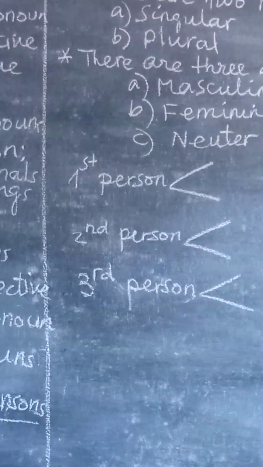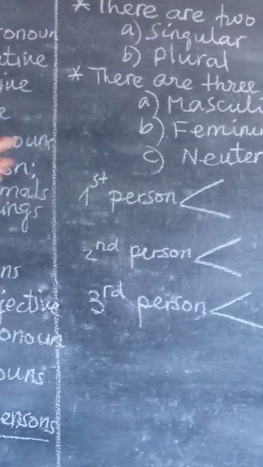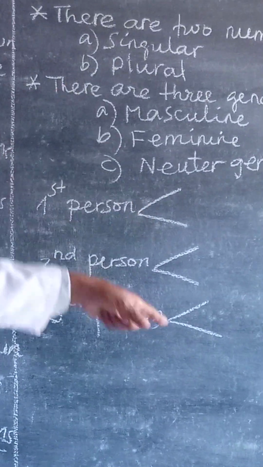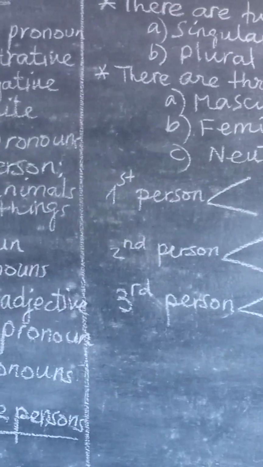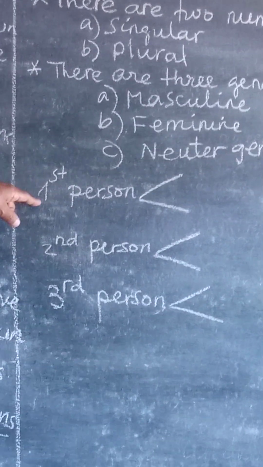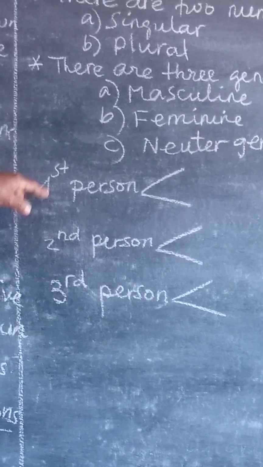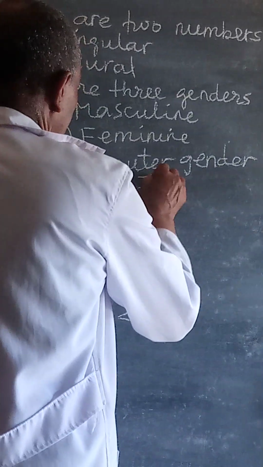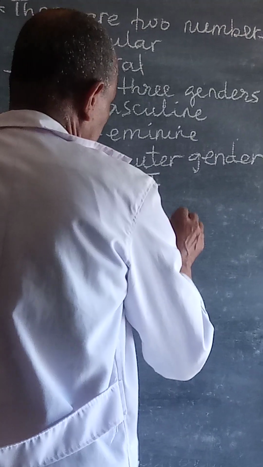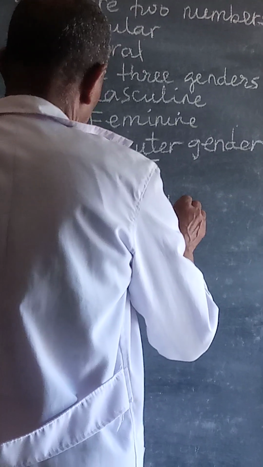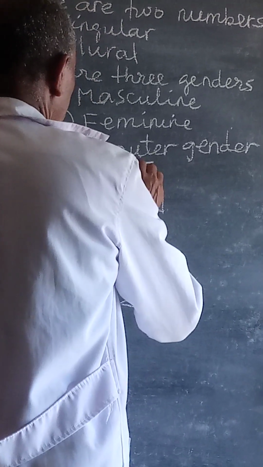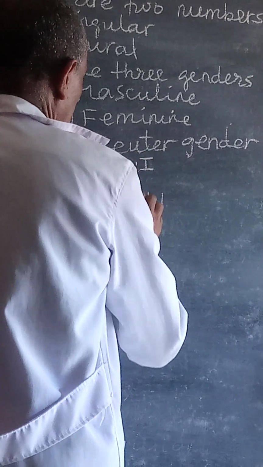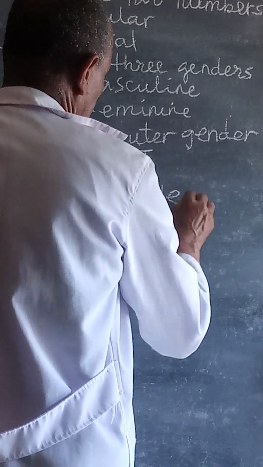So we look at the subject pronouns when we are doing this. We can simply understand what subject pronouns are when we categorize and explain these categories. The first person singular subject is I. The first person plural subject is we.